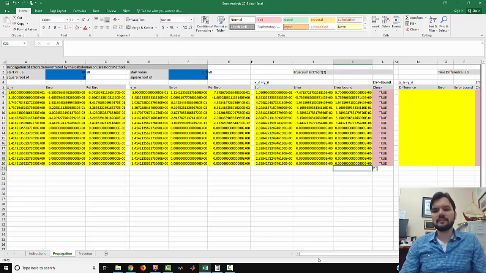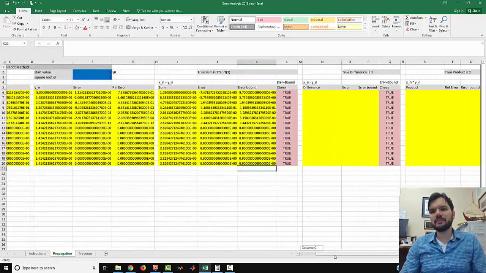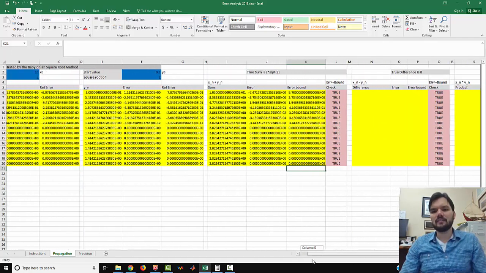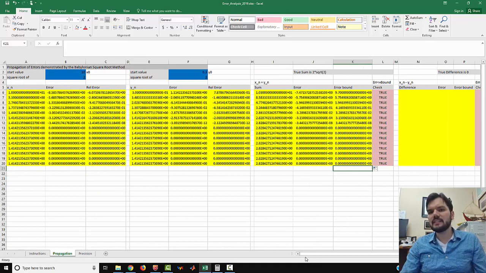Now, before I do everything for you here, I just wanted to point out that what we're doing here is both one, learning how Excel can do similar iterations and error calculations as MATLAB. And two, we're checking some of the theorems that are built into some of the theory we'll be using later.